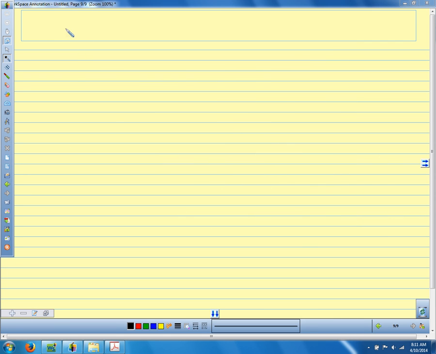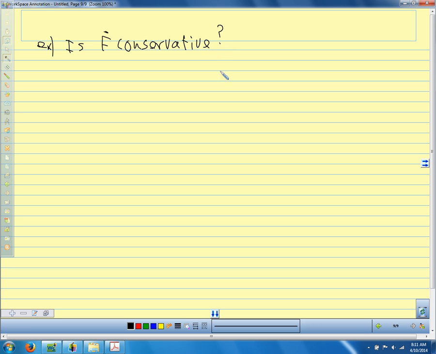All right, so this question is asking us, is F conservative? And if so, find a potential function. And we have this vector field.